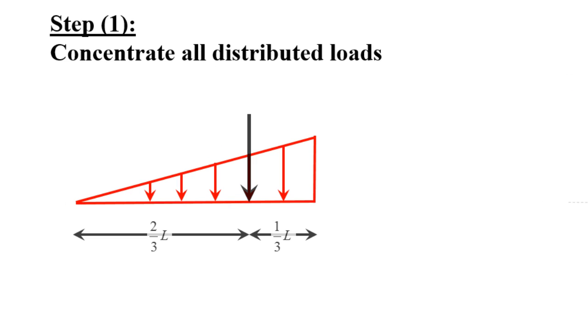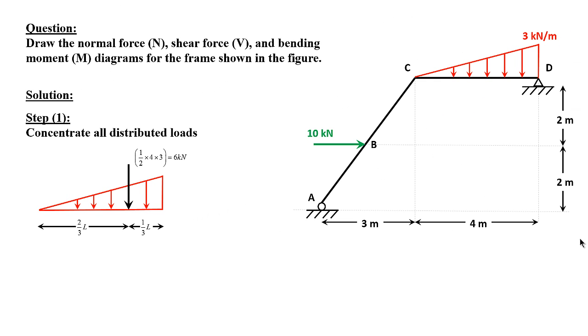For a triangular load, you concentrate at a distance L/3 from the high end, and of course 2/3 L from the zero end, which is the left side in this case. And the value of the load is basically the area of the triangle: 1/2 times 4, which is the length of the member, times 3 kilonewtons per meter. That's going to give me 6 kilonewtons. Okay, that's step number 1.